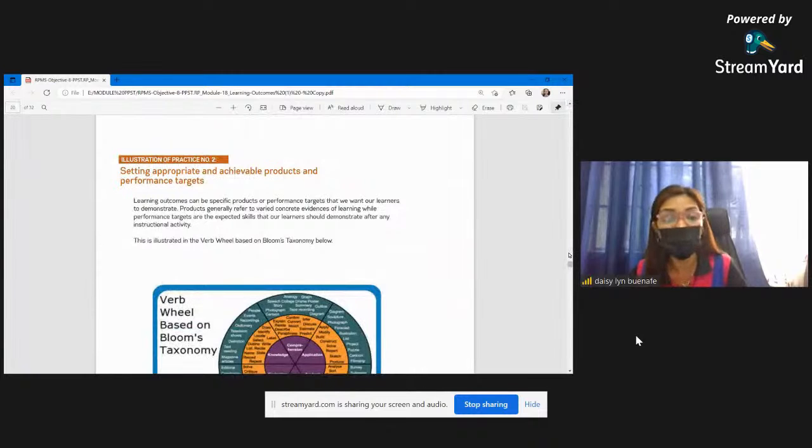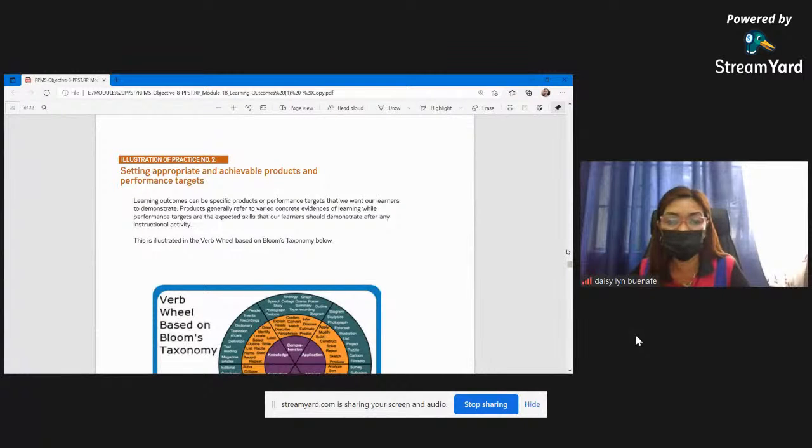Learning outcomes can be specific products or performance targets that our learners demonstrate. In every lesson plan we make, we always set our objectives: specific, measurable, attainable, relevant, and time-bounded.